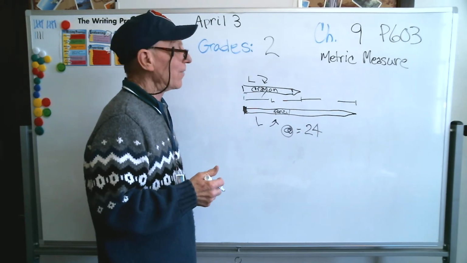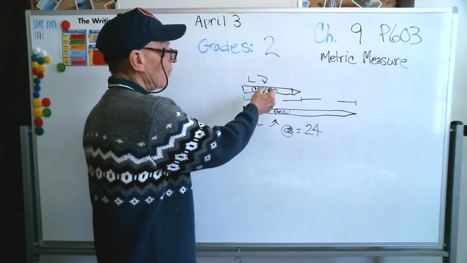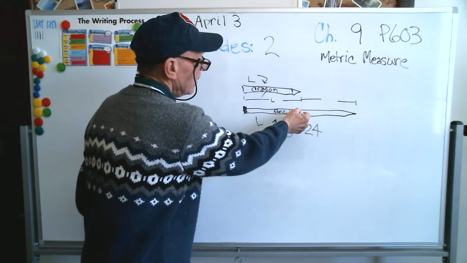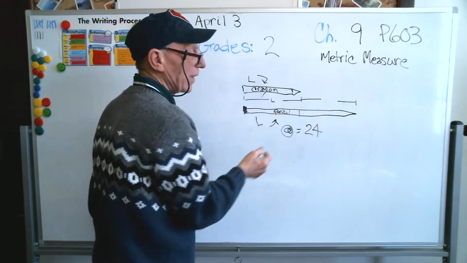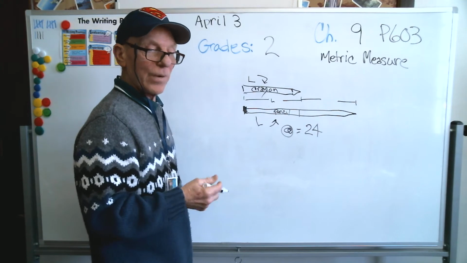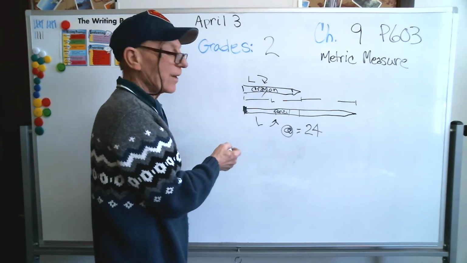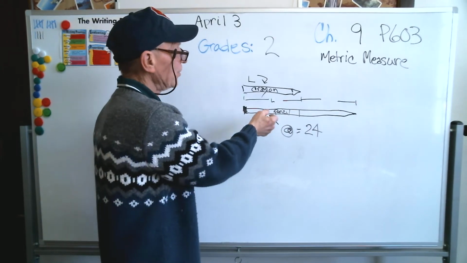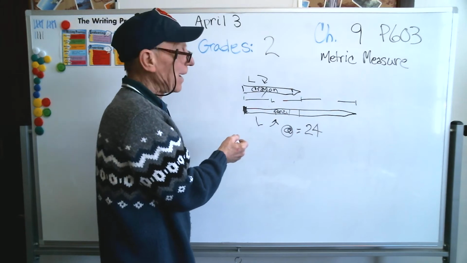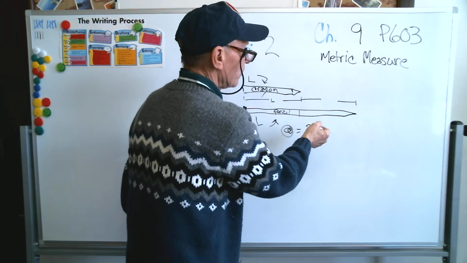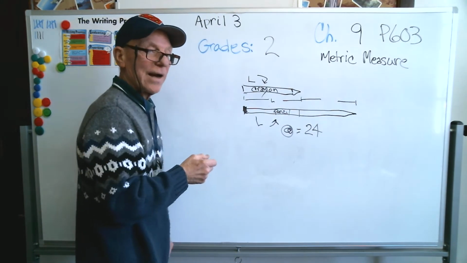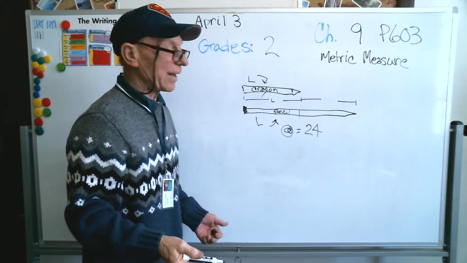So think about this now. You've got 1, 2, 3. When you think about it, the crayon is one length, half of the pencil, which is equal to the crayon, is another length, and then the other half of the pencil, which is equal to the length of the crayon, is yet still another length.